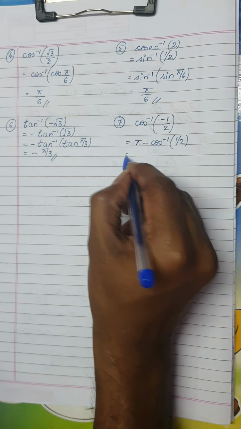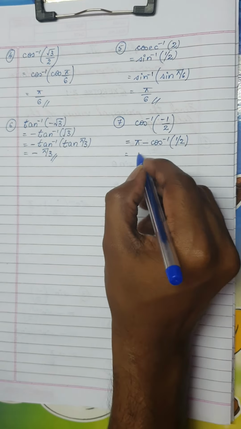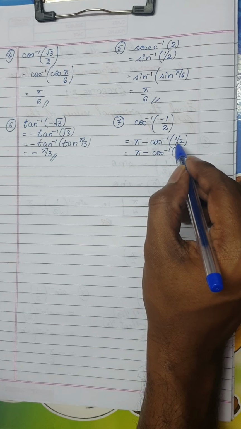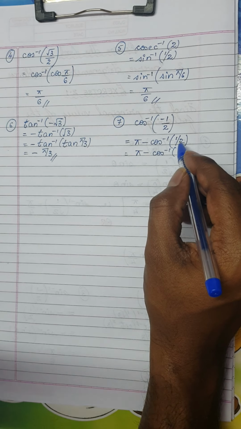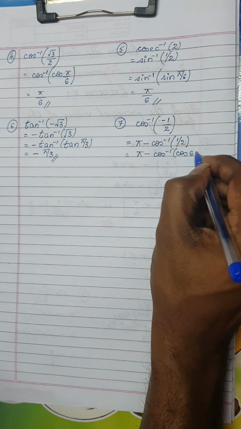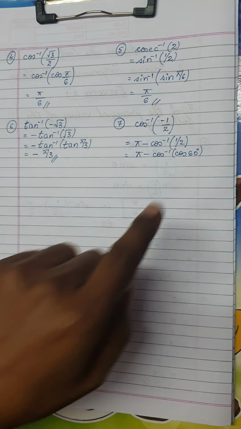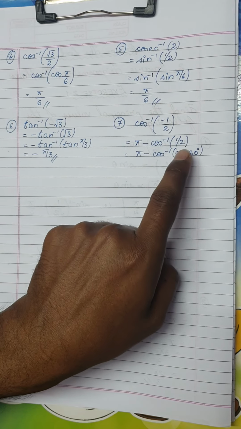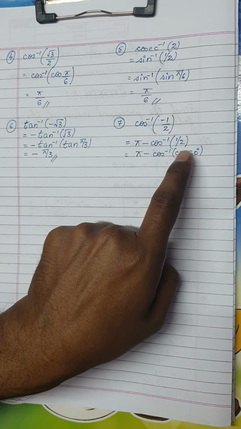So this is pi minus, we know this 1 by 2 is sine 30, which is cos 60. If you want to check, cos 60 degrees is 1 by 2.